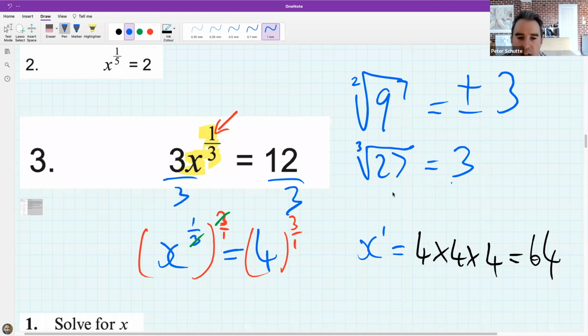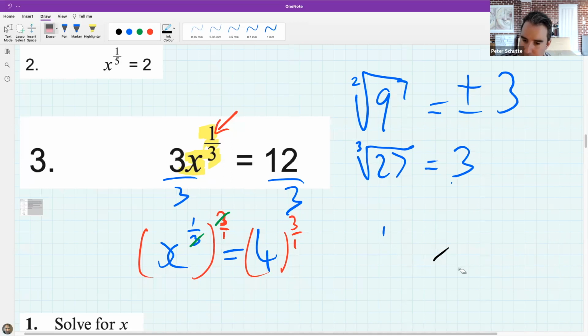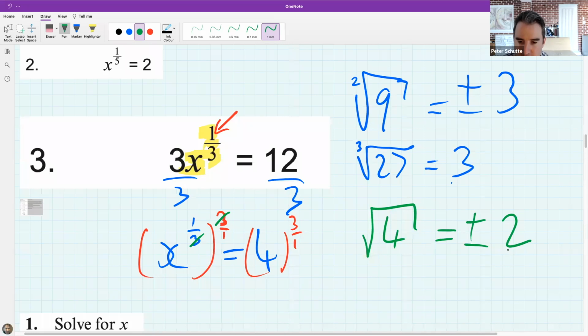Okay, so let me show this to you in other ways. Even if you're just learning this for the first time, what is the square root of 4? The square root of 4 is plus or minus 2, because minus 2 times minus 2 gives you 4, and 2 times 2 gives you 4. But what is the cube root of 8?